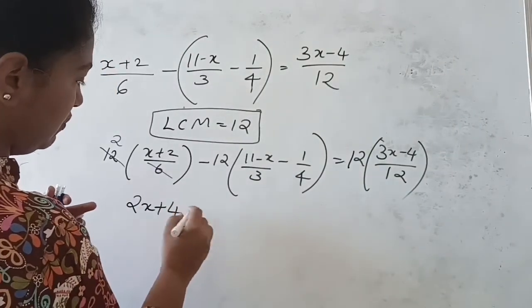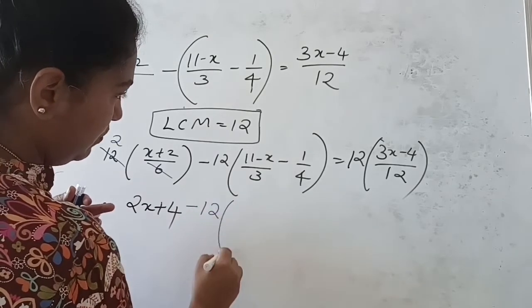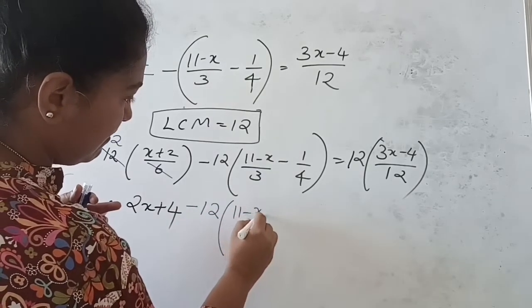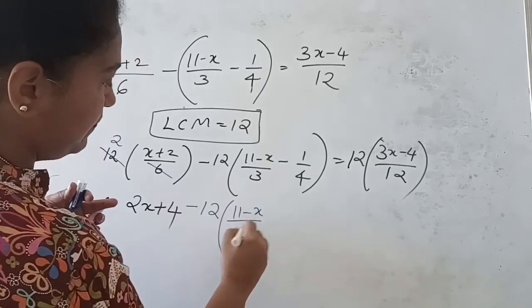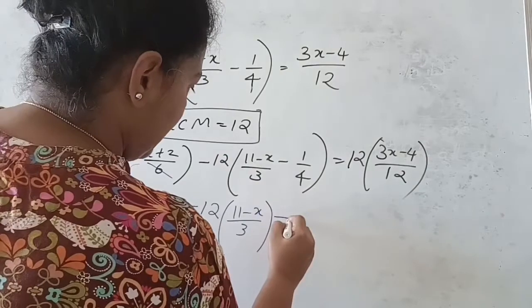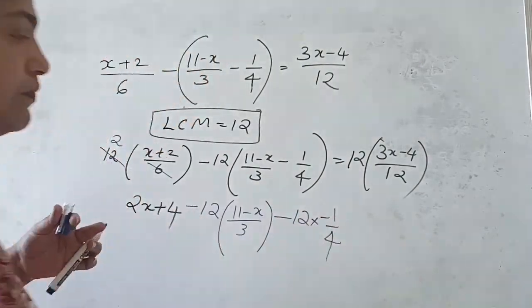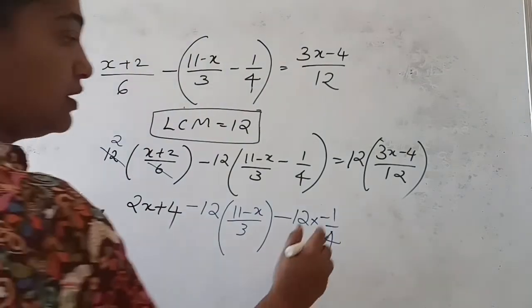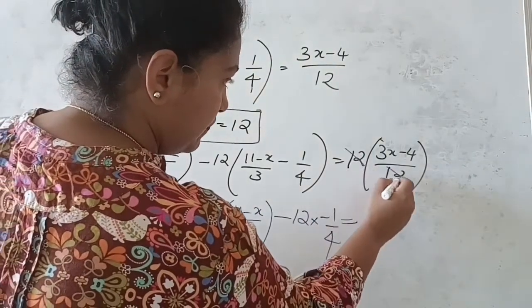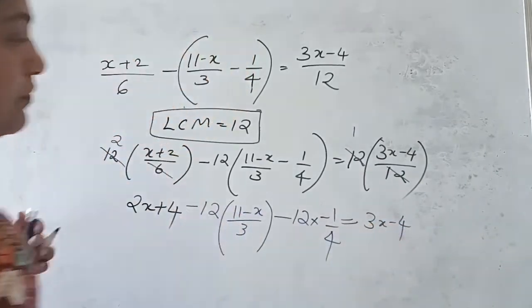So let me just write it down. This is minus 12 into (11 minus x) by 3 minus 12 into minus 1 by 4. Okay. That is equal to 3x minus 4.